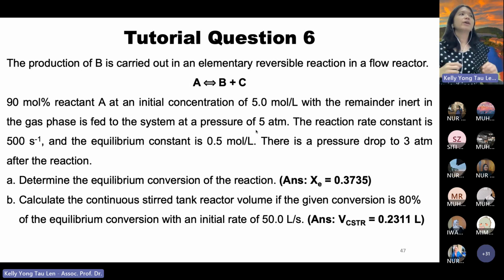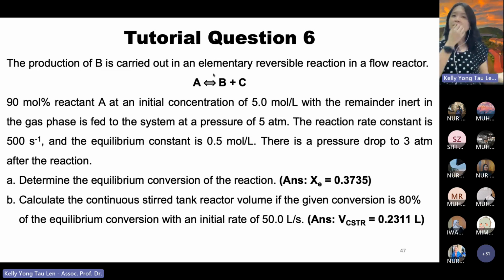So first thing, although my reactant is A, it is not pure A. Originally it has 90 mole percent A and 10 mole percent inert. It means YA naught is 0.9, YI naught is 0.1. So you must be very careful. Although sometimes I may have only one reactant, it is not necessarily 100 mole percent of that reactant.